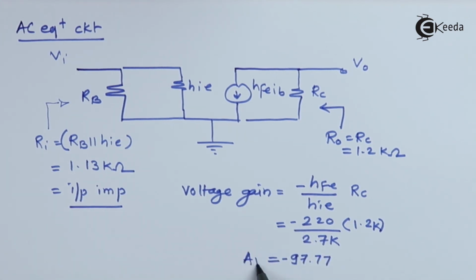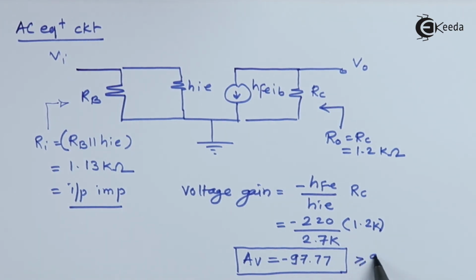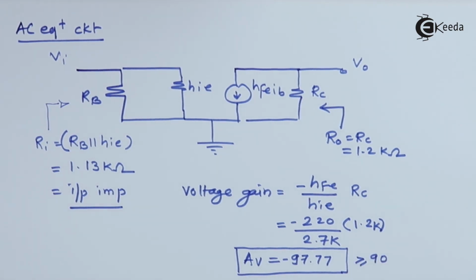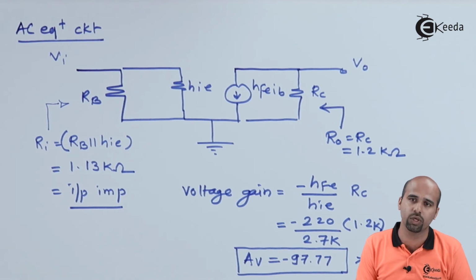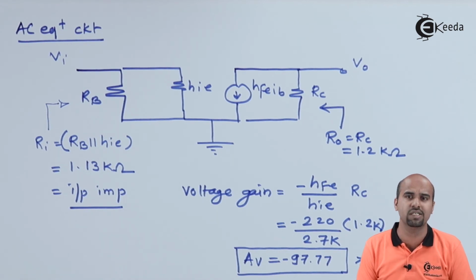This is the typical value of voltage gain, which meets the customer requirement, well above the value of 90 given in the customer specifications. So this is how we have completed the 15 marks question, that is design of CE amplifier with BJT circuit.